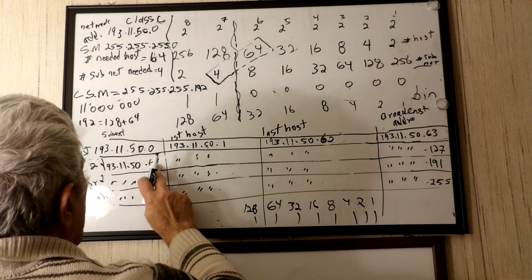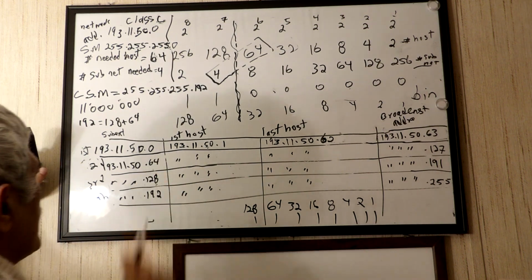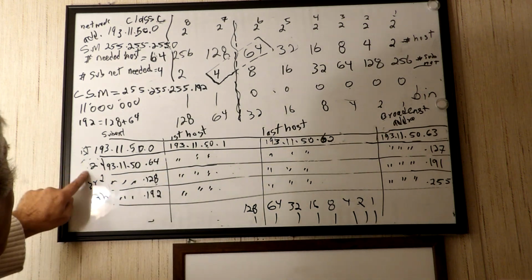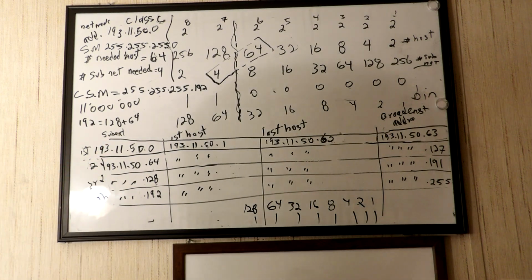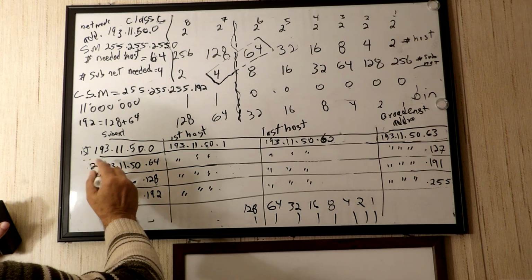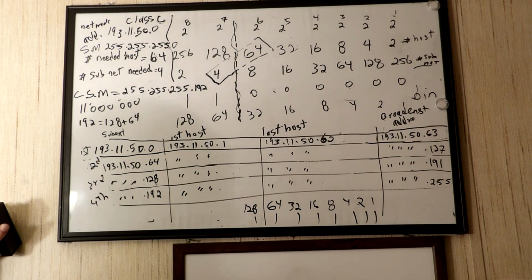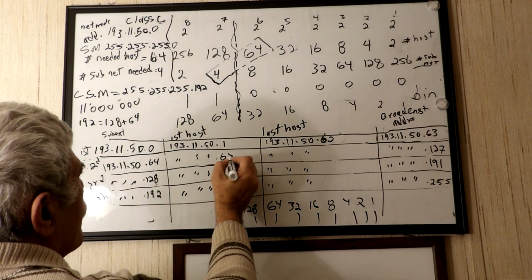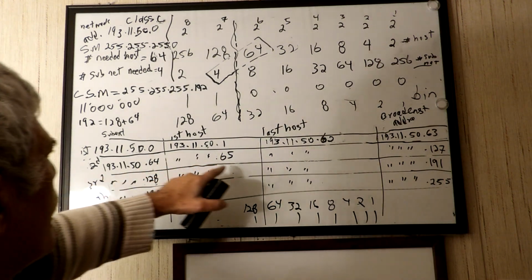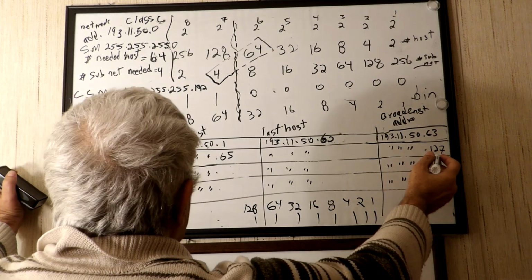And then what you do, this is 0.64. The address of the second subnet starts from 65. So this is 65, it goes up to 127.